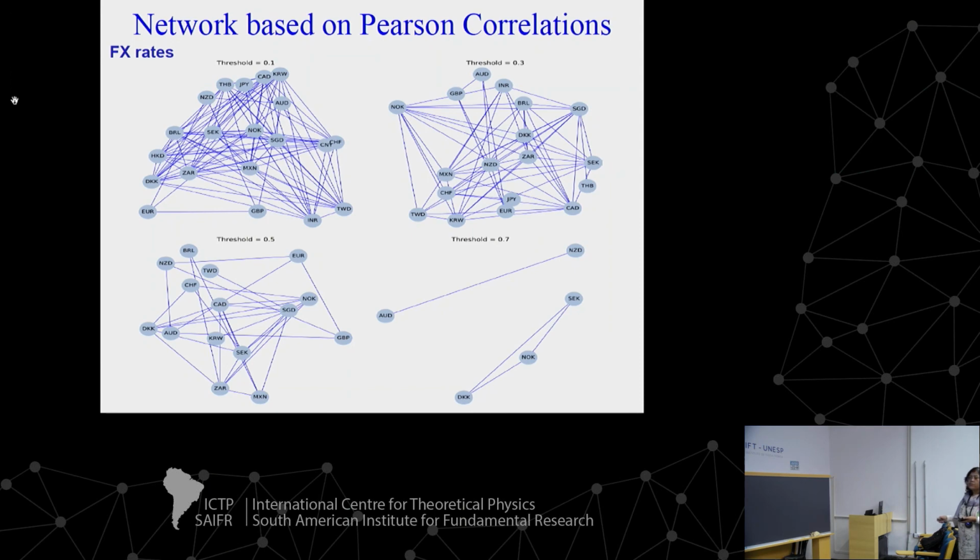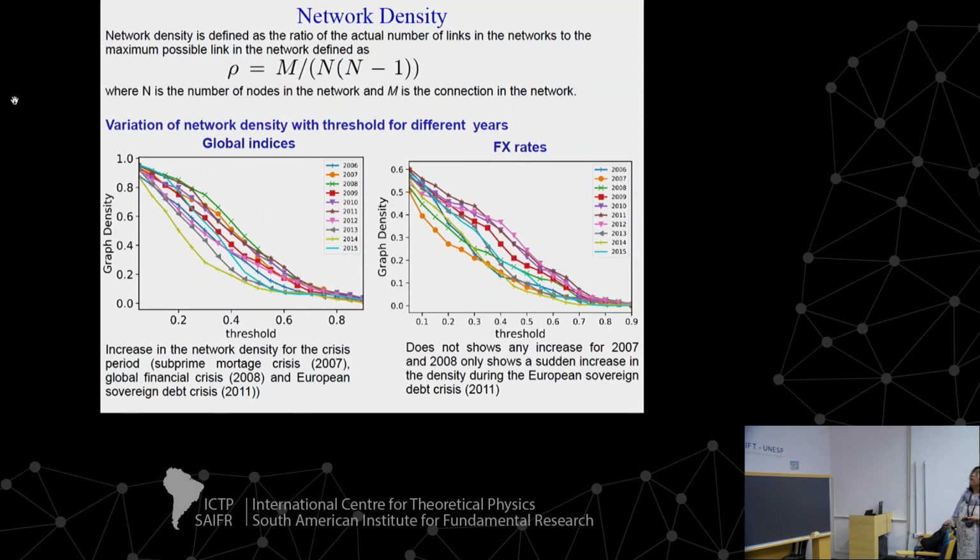And these are, of course, the strongest nodes. And here is a graph of the network density versus the threshold for all the periods, for the global indices and the exchange rates.